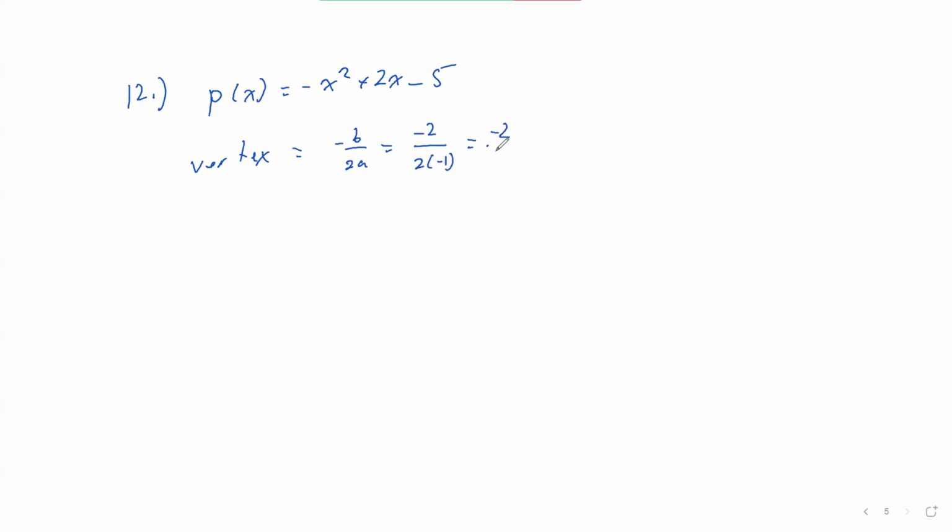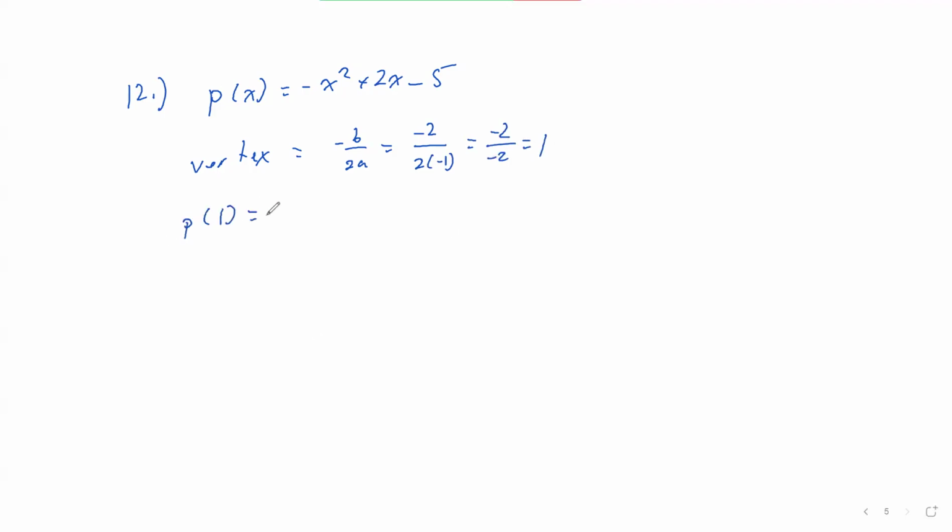All right, let's go back to our regular programming. Let's look at number 12. We have p of x equals negative x squared plus 2x minus 5. Again, to find the vertex, I need to determine negative b divided by 2a. So this is negative 2 divided by 2 times negative 1, so that's negative 2 divided by negative 2, which is 1.